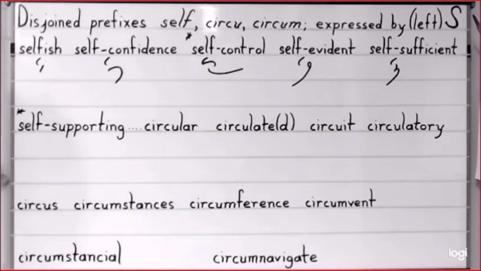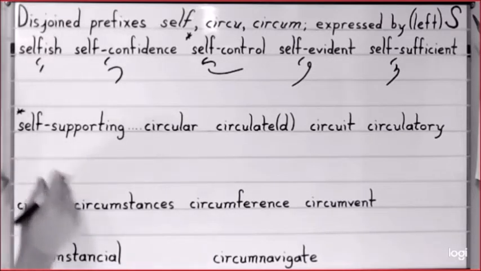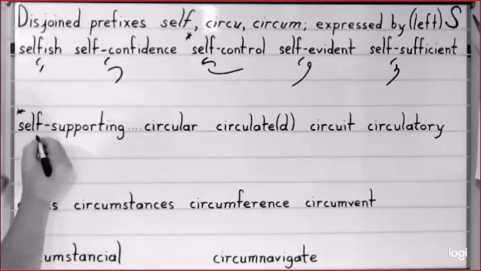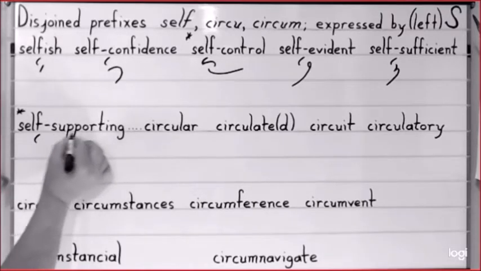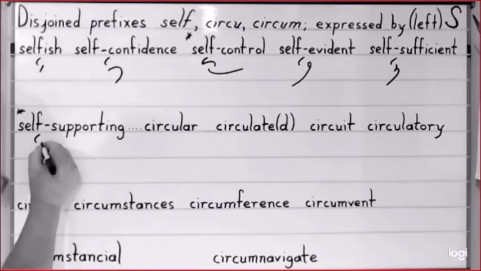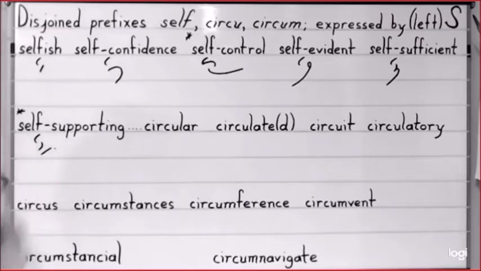Self-supporting, now here again, we're going to use two disjoint prefixes here, the ones in the next lesson. So for self, we're going to write the left S. But for this supr portion in supporting, we're going to write a right S, and then a T and ing at the end.